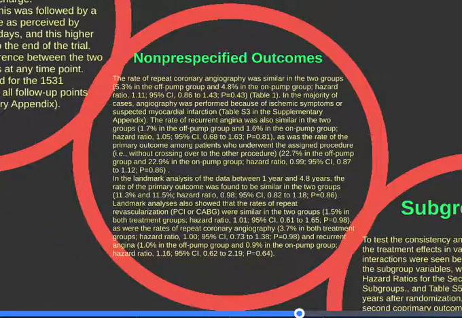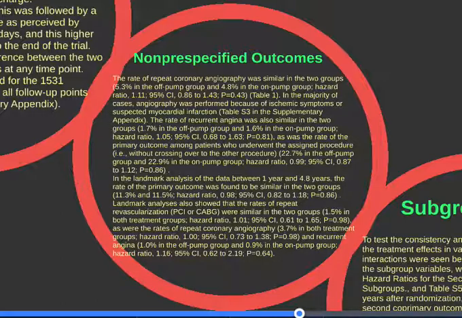Nonprescribed outcomes. The rate of repeat coronary angiography was similar in the two groups. In the majority of cases, angiography was performed because of ischemic symptoms or suspected myocardial infarction. The rate of recurrent angina was also similar in the two groups, as was the rate of the primary outcome among patients who underwent the assigned procedure.